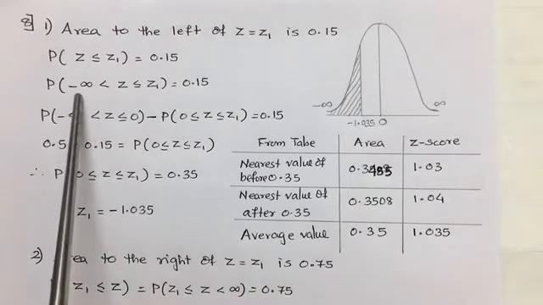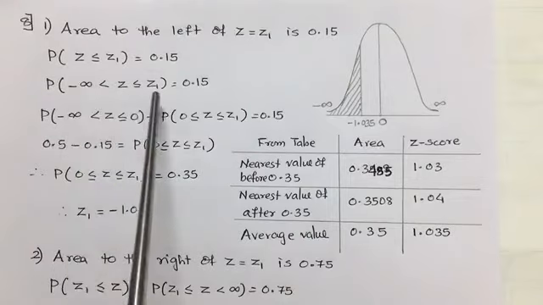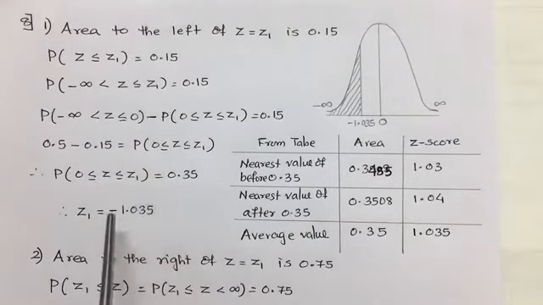Therefore, if we are having minus infinity, then Z1 should also have the sign minus. Therefore, Z1 is equal to minus 1.035. Even though from here we are having a positive value, while writing the answer it should be negative.